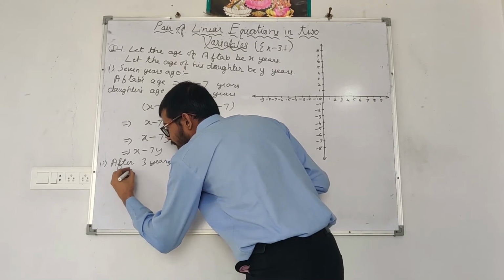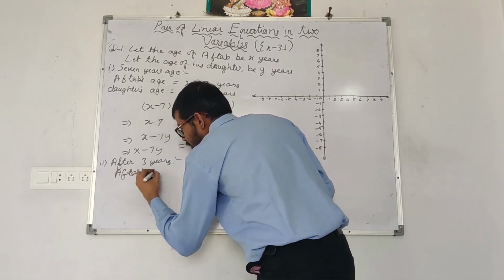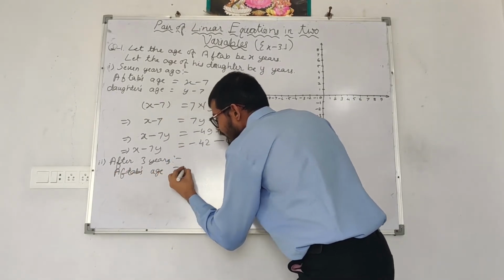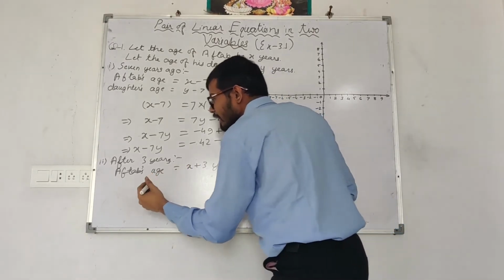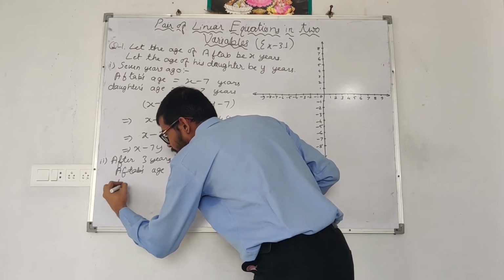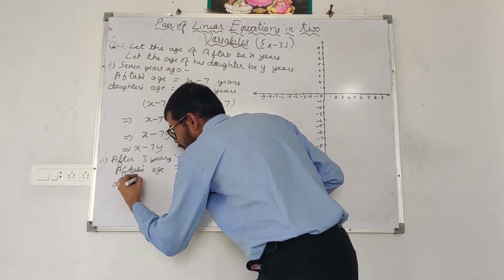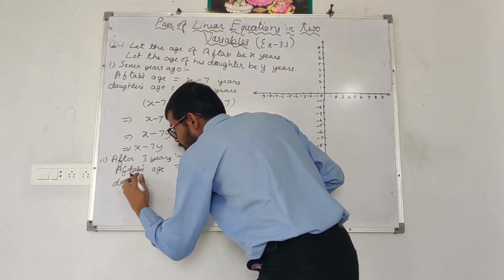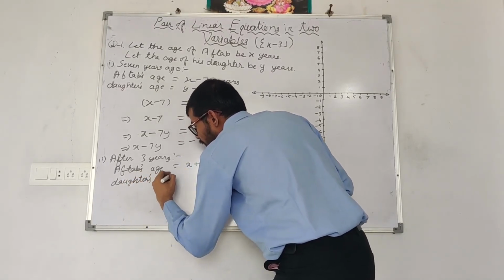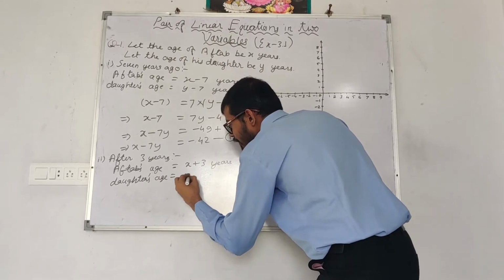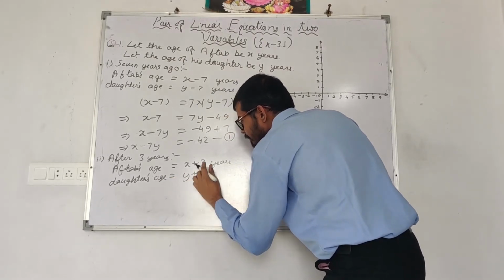So Aftab's age will be x plus 3 years. Similarly, his daughter's age will be y plus 3 years.